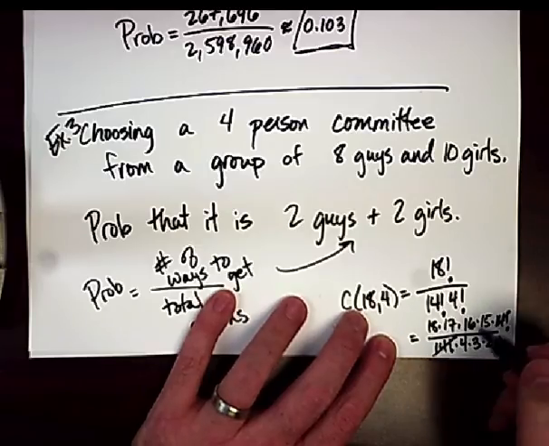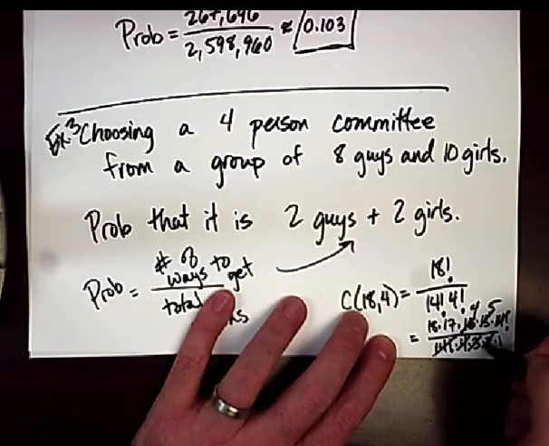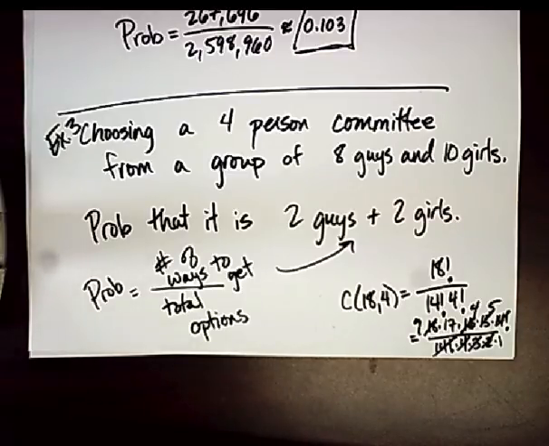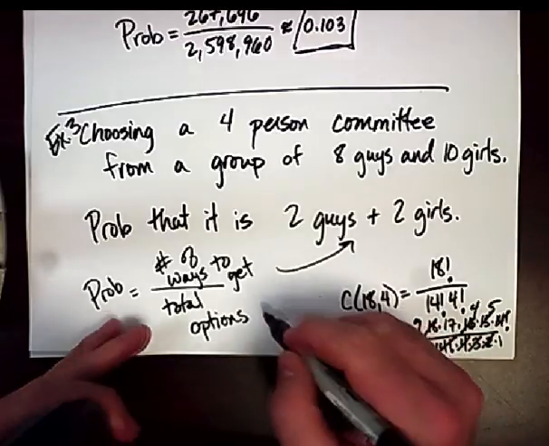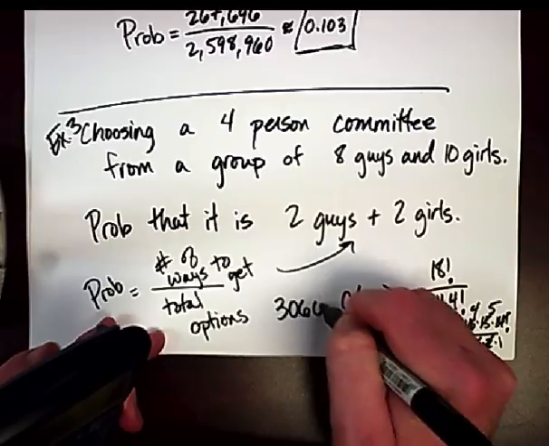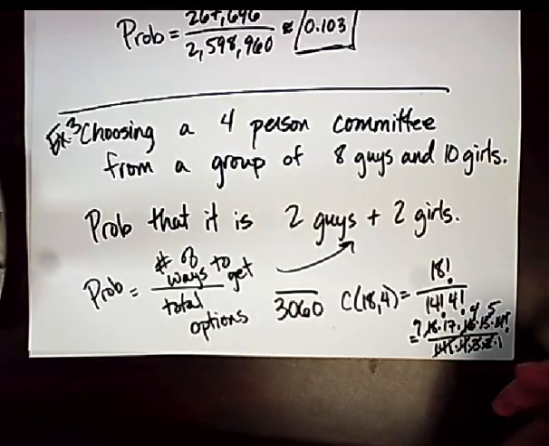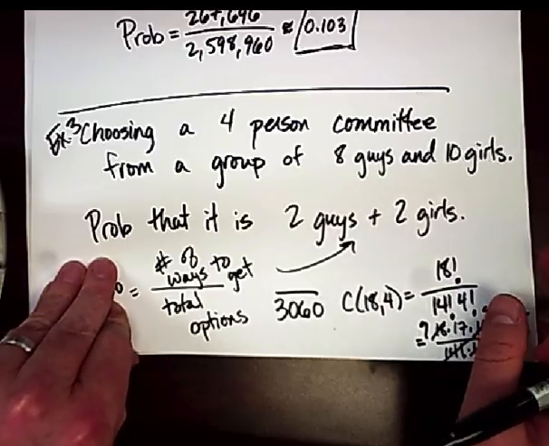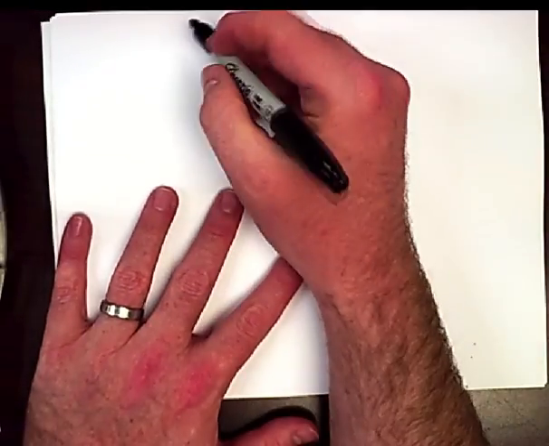Those cancel. 4 goes in there 4 times. 3 goes in there 5 times. 2 goes into 18 9 times. So that is 9 times 17 times 4 times 5. So there are 3,060 possible committees. So we need to know how many of those have 2 guys and 2 girls. Okay? So first we need to figure out how many ways we can choose two guys.